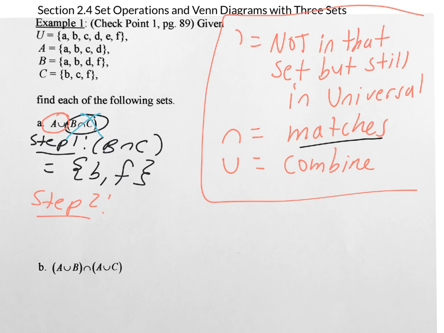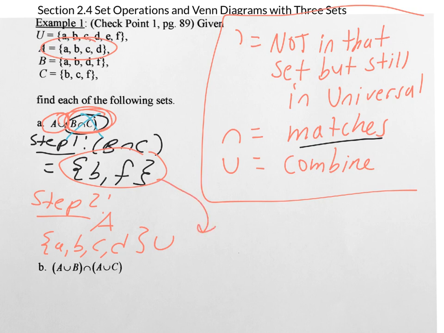So set A was A, B, C, D. And I'm going to do a union with my answer to B intersect C, which was really my answer from step 1. We already did that. That was B, F. That was my parentheses B intersect C answer.